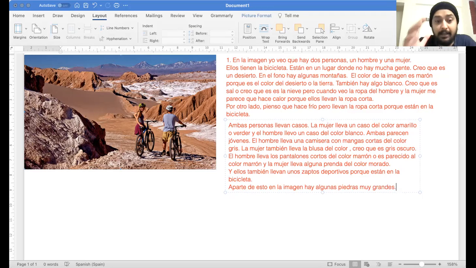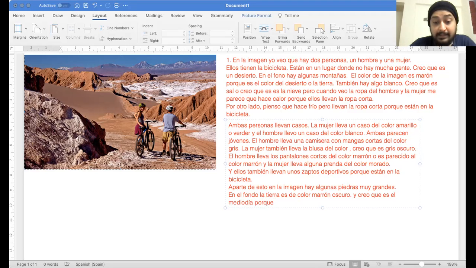¿Sí? And what is the climate? What do you think? We have already mentioned. En el fondo, you can just check the shadows. You can mention what is the time of the day. I think it's midday because the shadows are not that long. So in the background, en el fondo, la tierra es de color marrón oscuro y creo que es el mediodía. ¿Por qué?